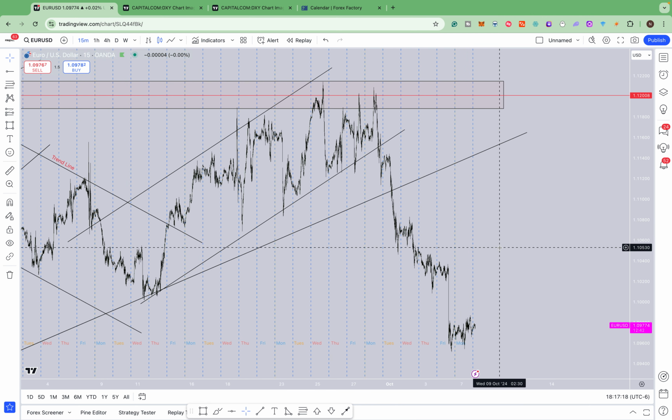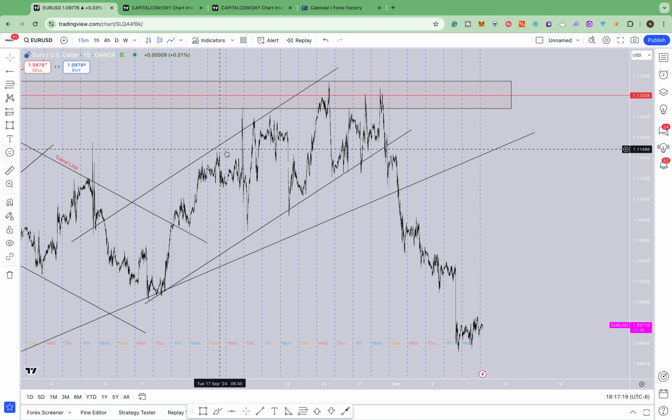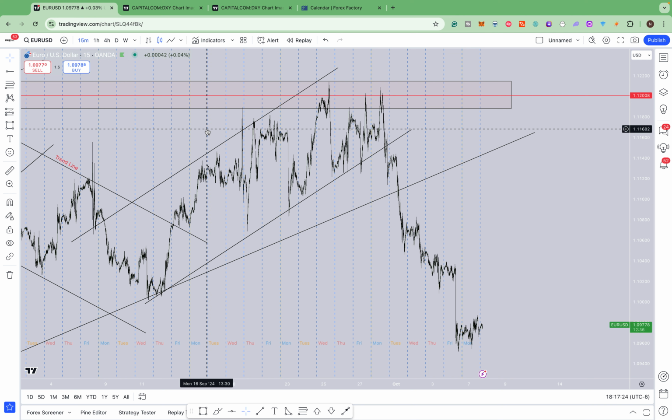Now, like I said, this is a top-down analysis. So what I'm going to do is I'm not only going to look at the euro US dollar. This video is specifically for the euro US dollar, but to understand, and this is key, this is the sauce right here: when you understand the euro US dollar, you have to understand the euro and the dollar, not just this specific pair.